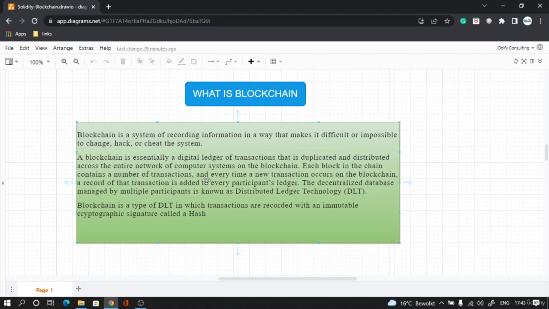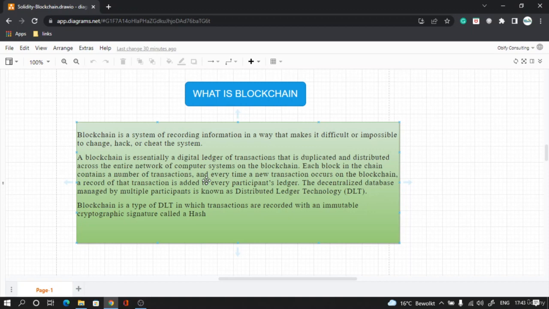So whenever we want a transaction entered in this distributed ledger over the network of computers, those computers are going to validate this transaction, and if they find it genuine, they are going to update their ledger.